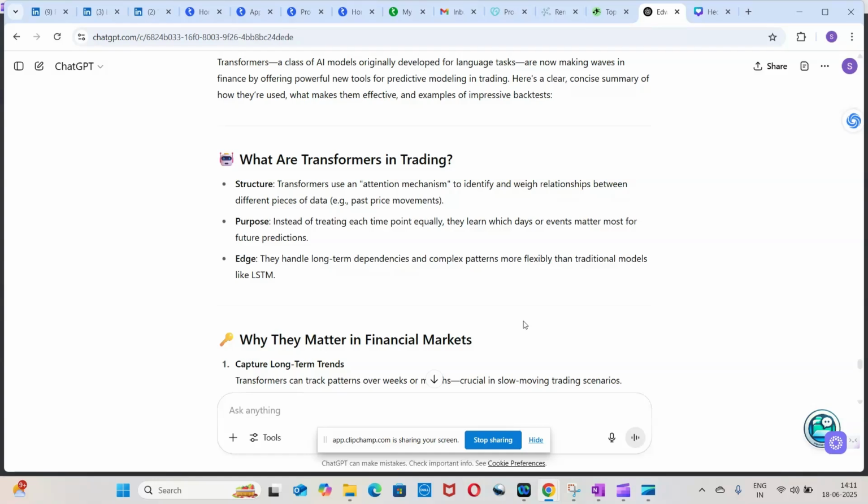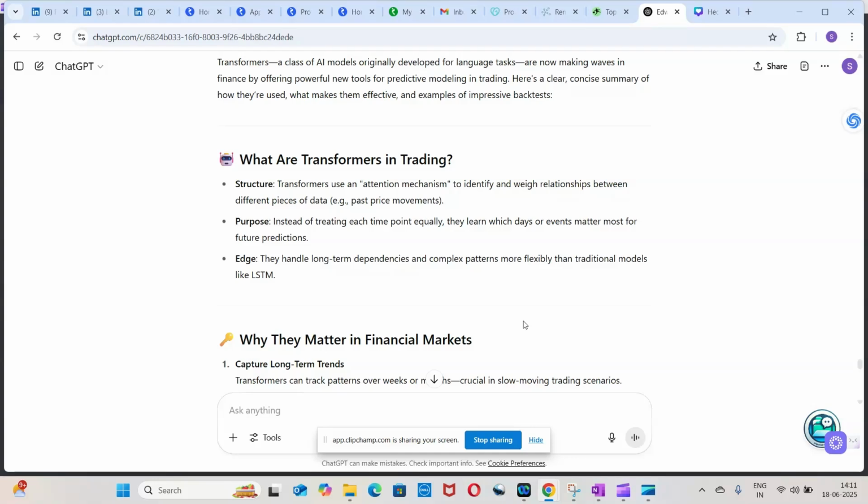Okay, the second thing is the purpose. Instead of treating each data point of the past prices equally, transformers learn which events matter most for future predictions.